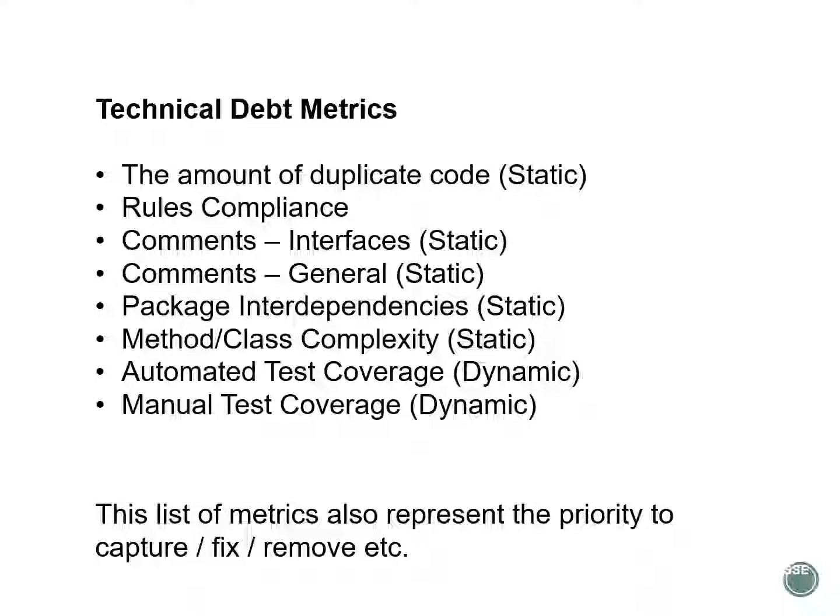So if we are looking into the source code or how the project is managed, these sort of things you can measure. These sort of things you can see and are usually very good telltale signs, or evidence, that there are things that should be done differently. So there's a huge amount of duplicate code in your system. You don't comply with your own rules.